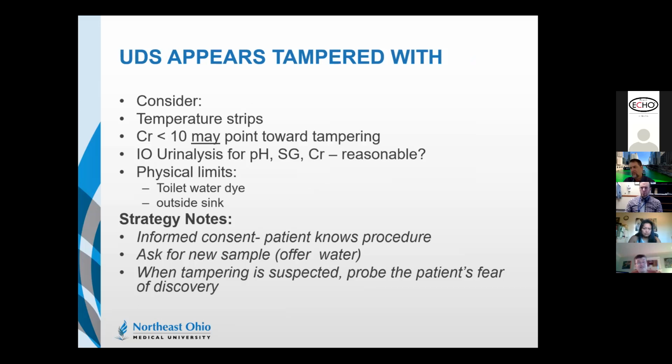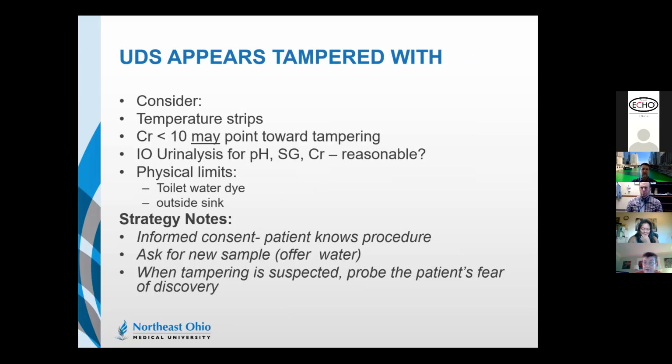The next situation is the urine drug screen appears to be tampered with. Some things to consider are having a temperature strip attached. You don't know until you get the test back what the creatinine in the urine is. Creatinine under 10 may point towards tampering.